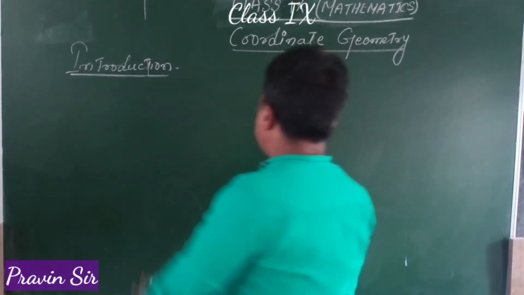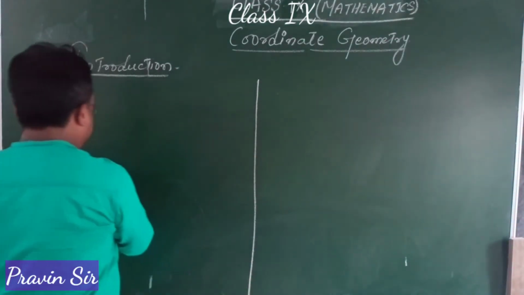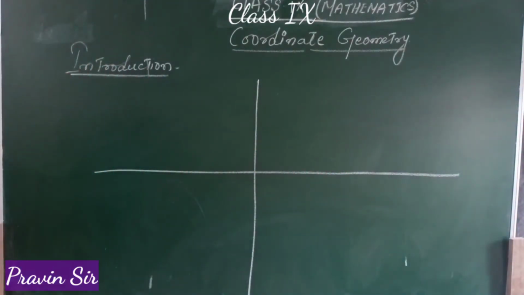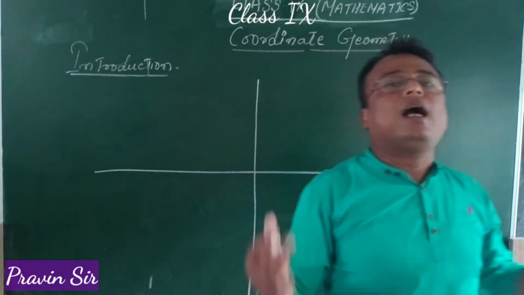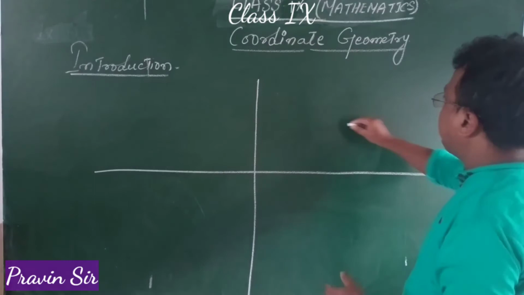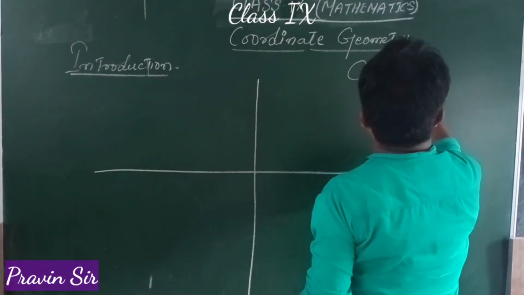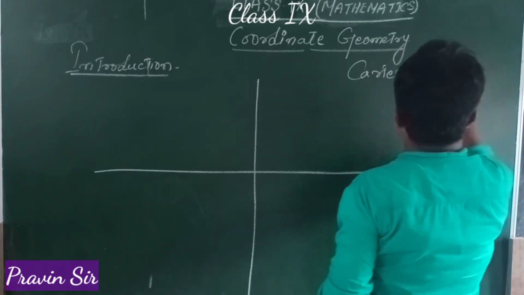So when you draw one vertical line and one horizontal line in a plane, this plane is converted into a Cartesian plane.